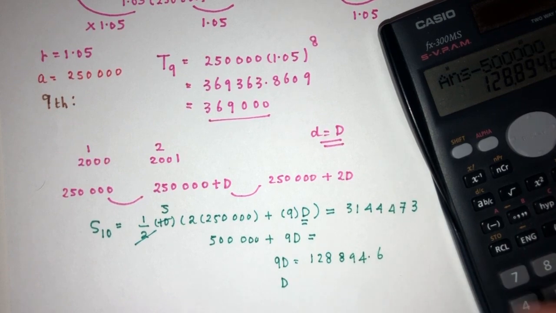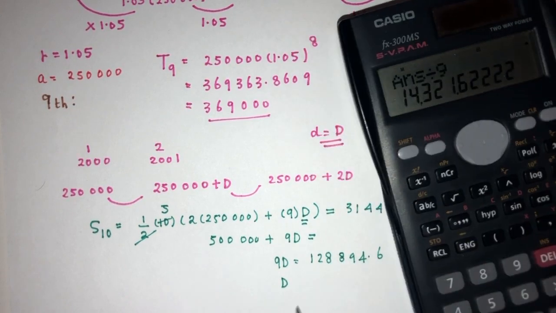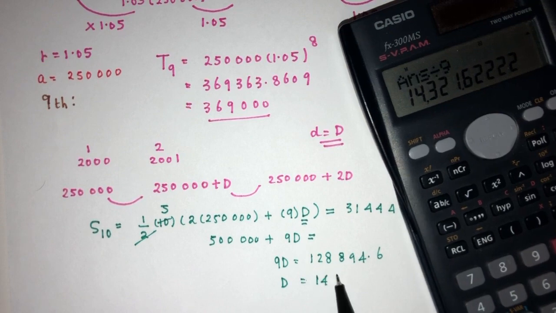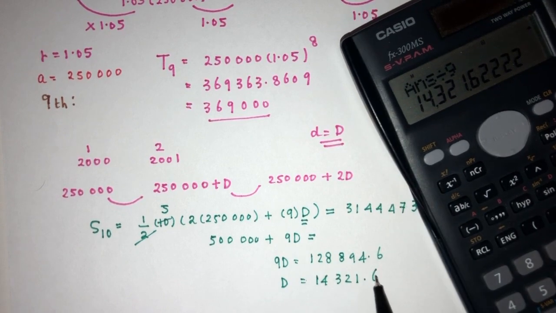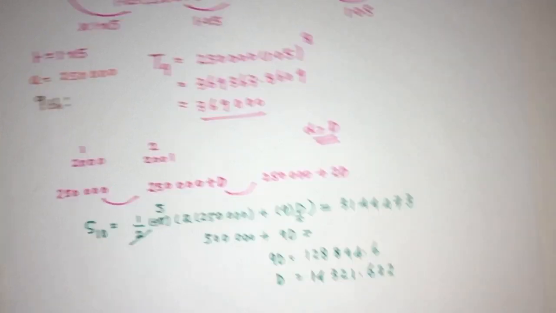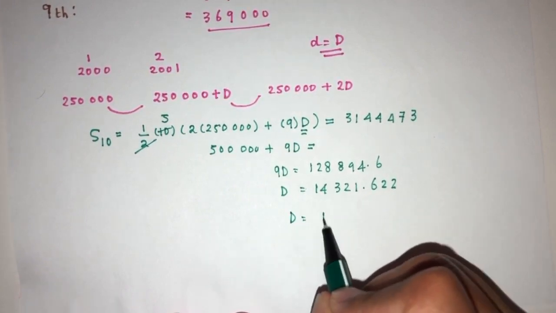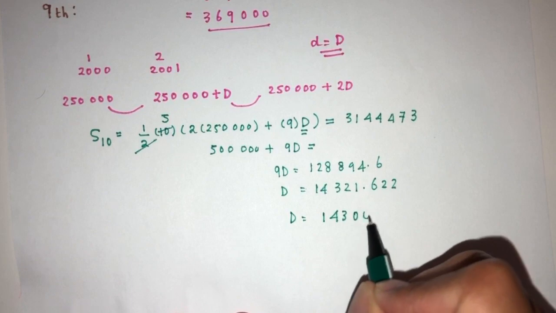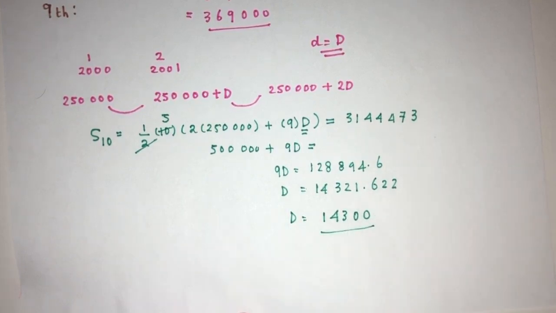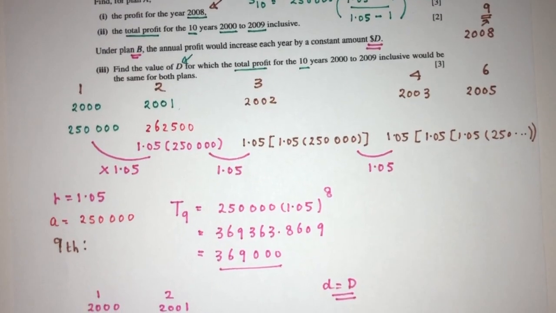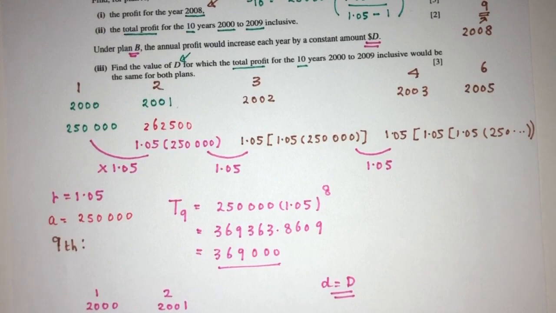So d is that divided by 9, which is 14,321.622. It is not exact, so correct to 3SF: 14,300.